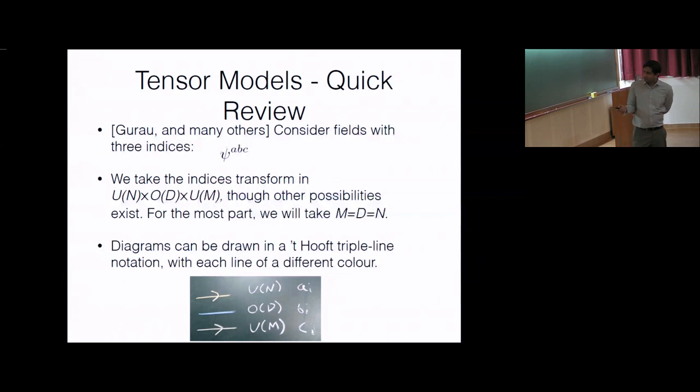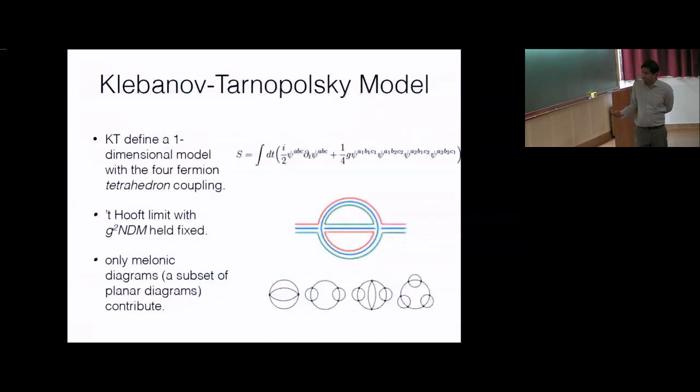Okay. So then when we draw Feynman diagrams, we'd use a 't Hooft double line notation, but with 3 lines for each of the 3 groups. Orange loops would give you a factor of N, blue loops give you a factor of D, and yellow loops give you a factor of M, or whatever the three colors you choose. Okay, so to get melonic dominance, we consider these fermions with a particular four-fermion interaction called a tetrahedron coupling.